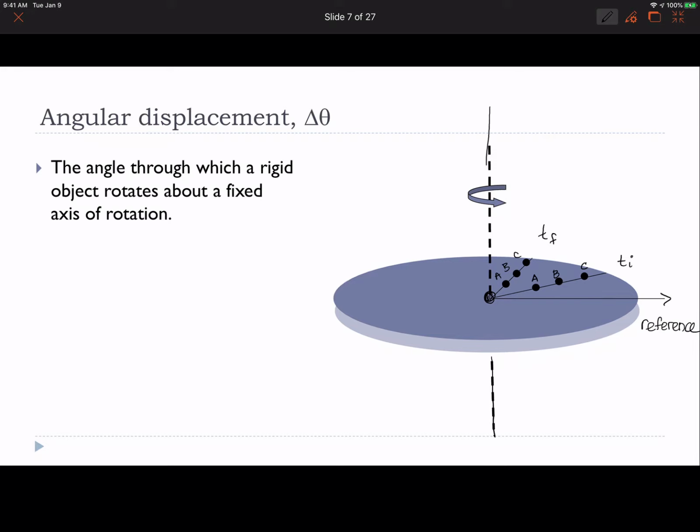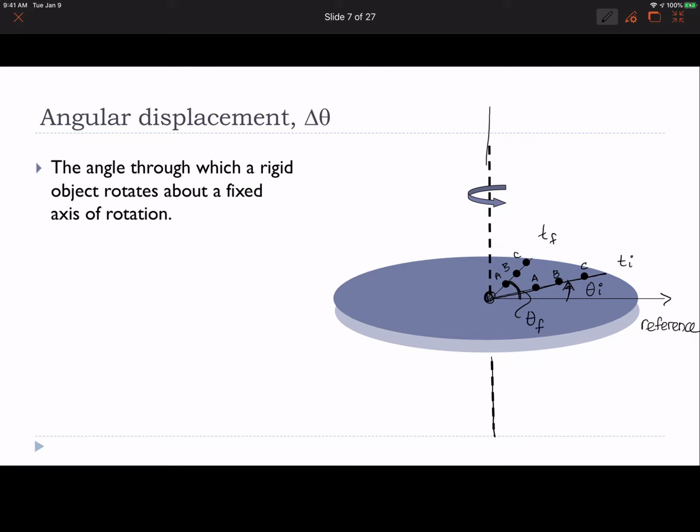So I have drawn a line that passes through all of those points, and the reason that I've done that is because I can talk about the angle that all of those points start at relative to the reference line, and I can determine where they all end up relative to that reference line.